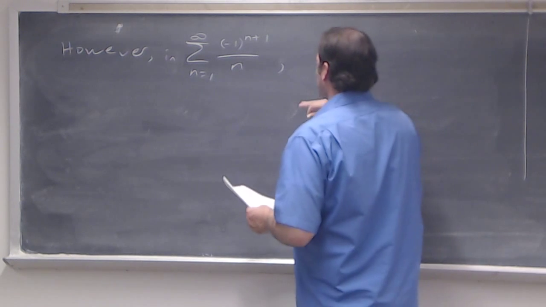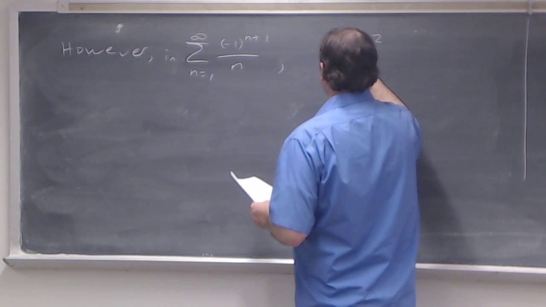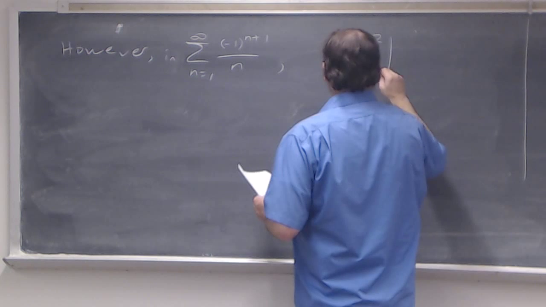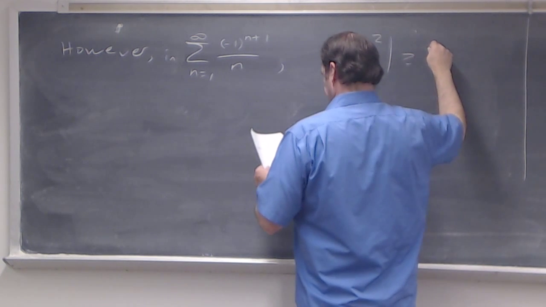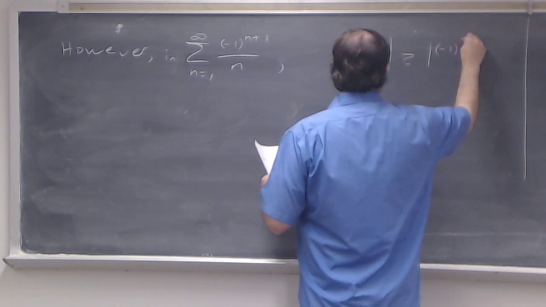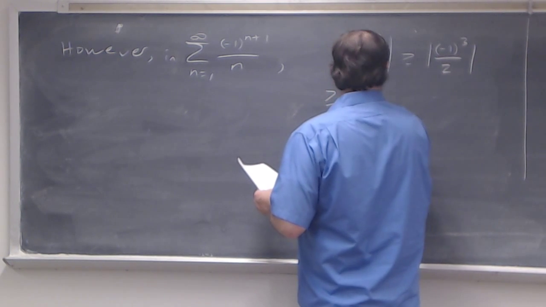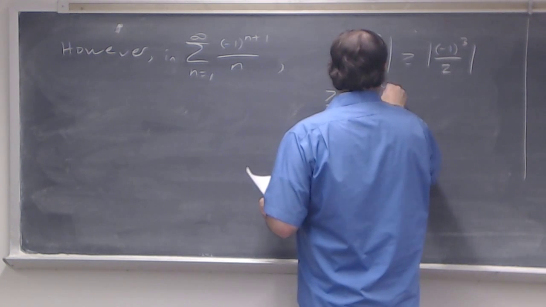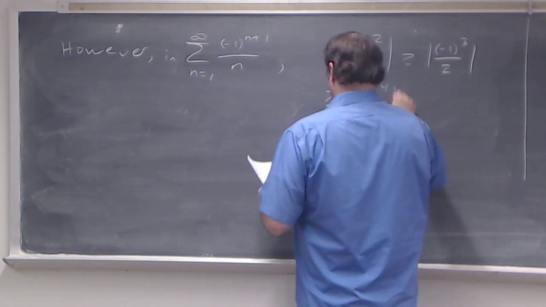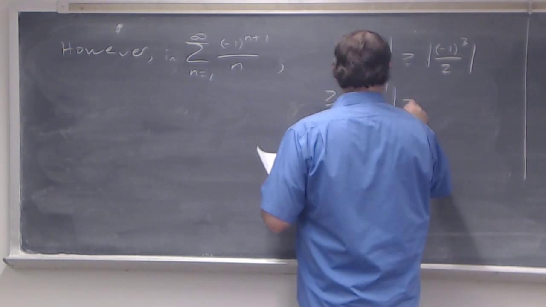So this will be (-1)^2 over 1. Take its absolute value. That's greater than or equal to (-1)^3 over 2, which is greater than or equal to (-1)^4 over 3, and so forth.